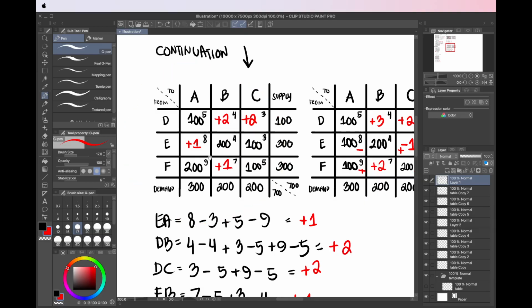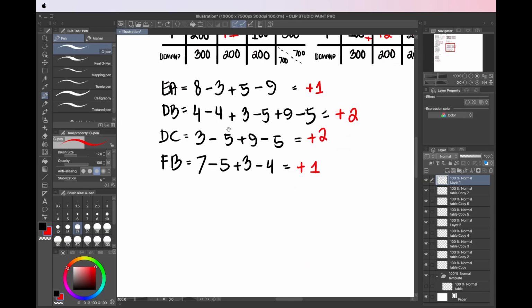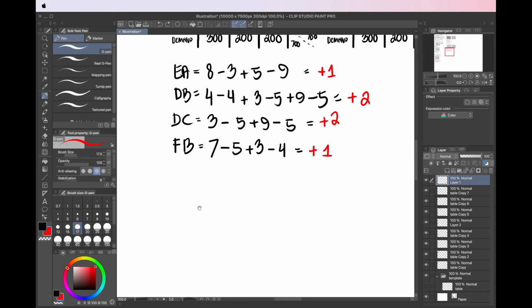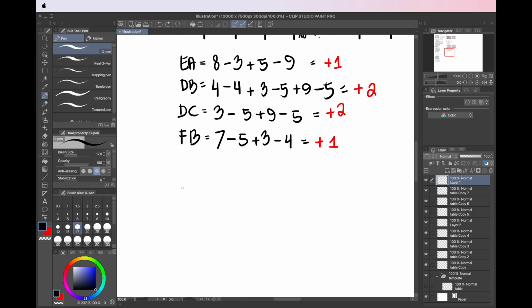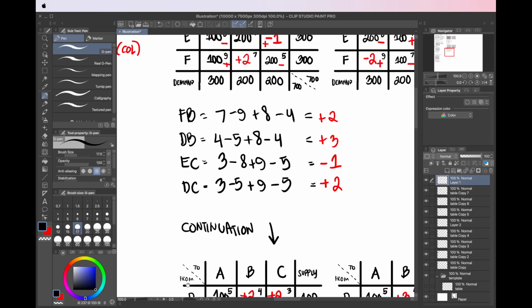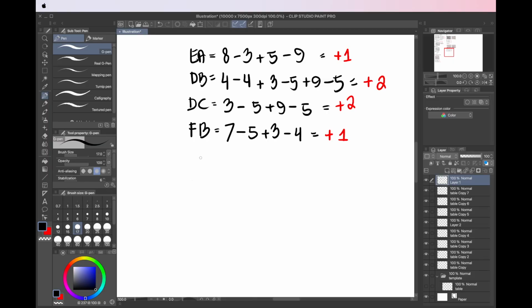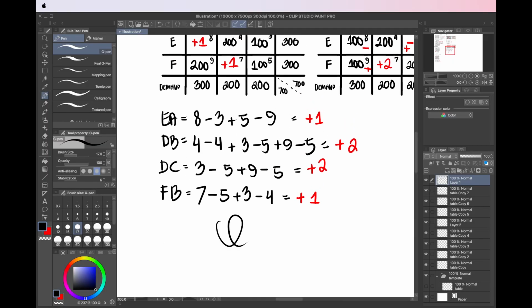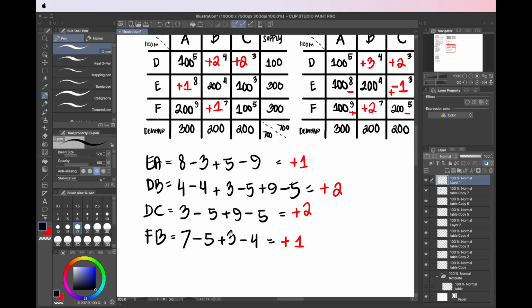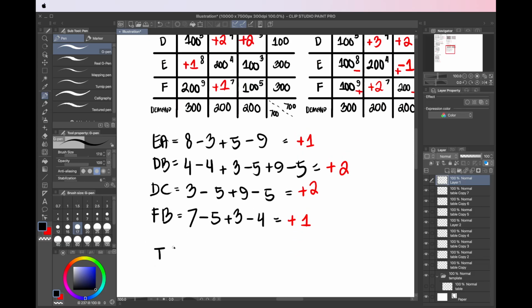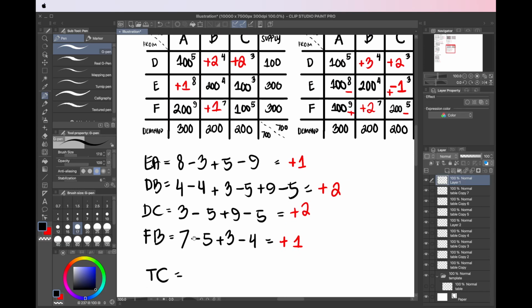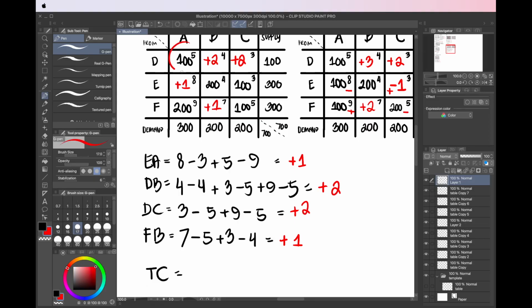And we can even check that with the transportation cost. So how do you calculate the transportation cost, or TC? That would be all the cells with entries.